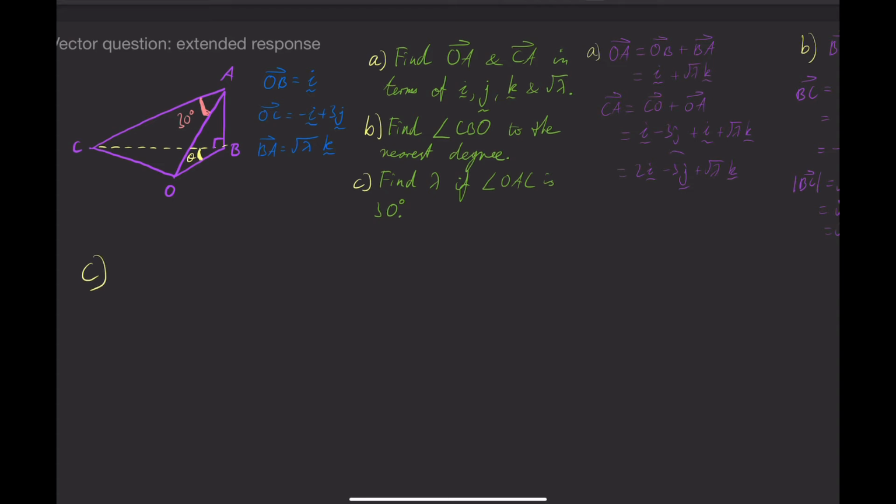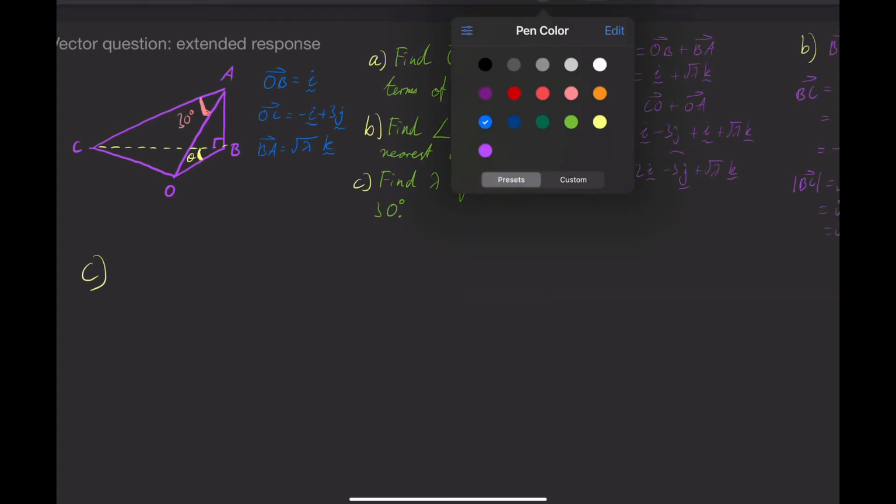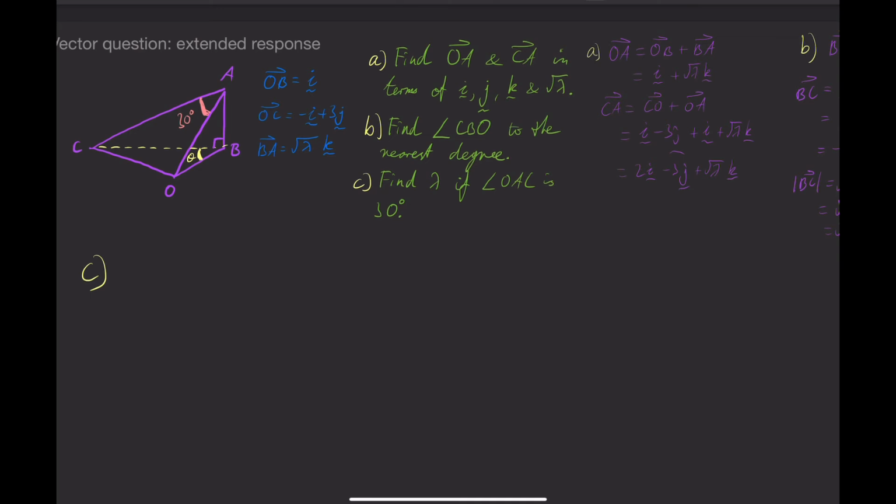Let's do this in white because it's kind of the headlining question. So we're looking for this angle, so we use the fact that AC dotted with AO is equal to the magnitude of AC times the magnitude of AO times cosine of 30 degrees.